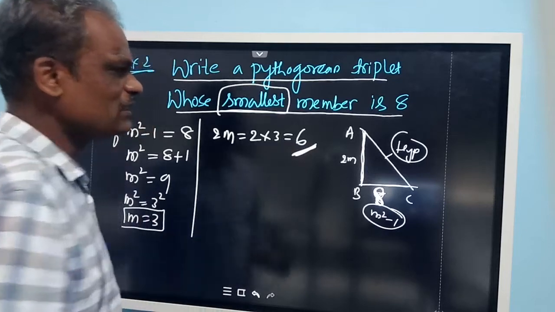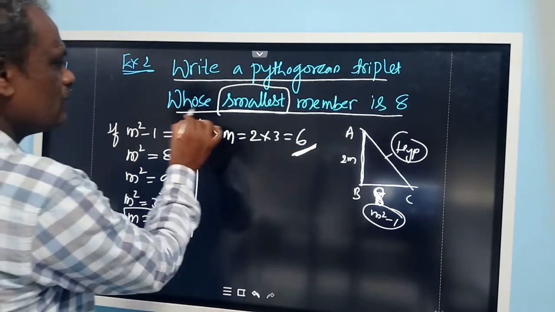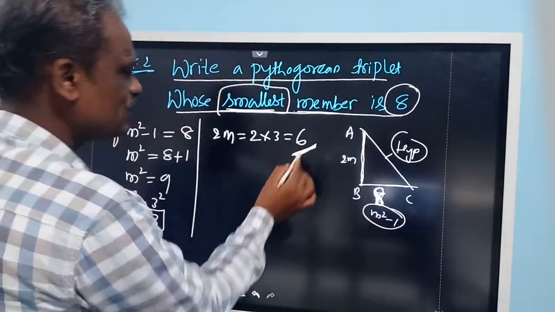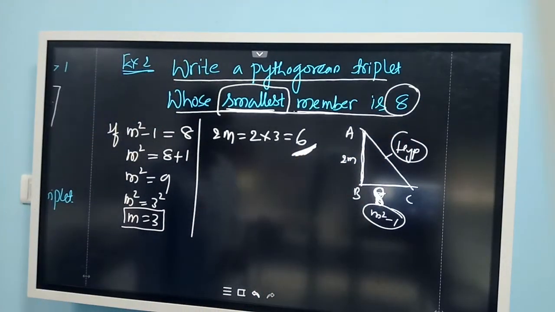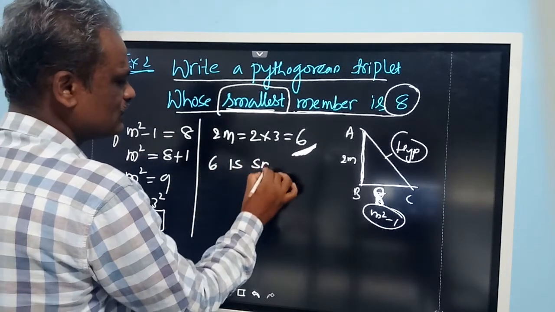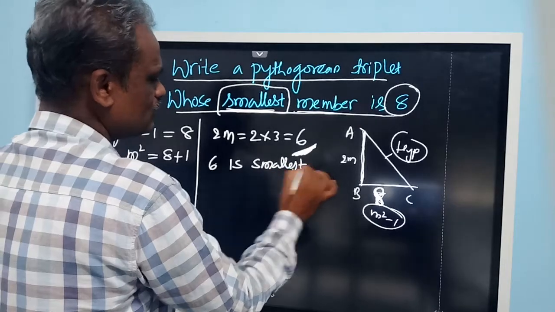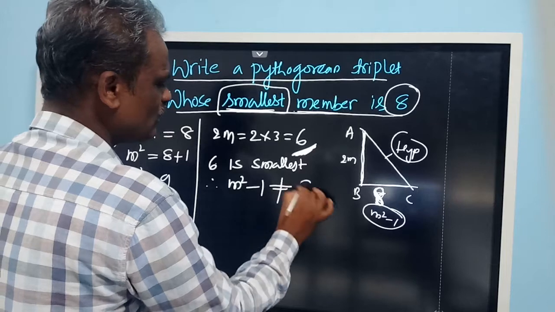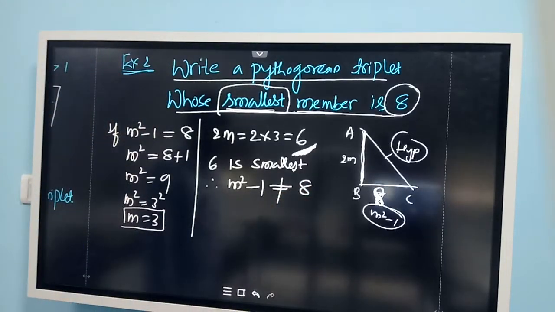But what is the question telling? The smallest number is 8, but you are getting 6. So this is a contradiction. Here 6 is smallest now. So therefore m square minus 1 cannot be equal to 8.